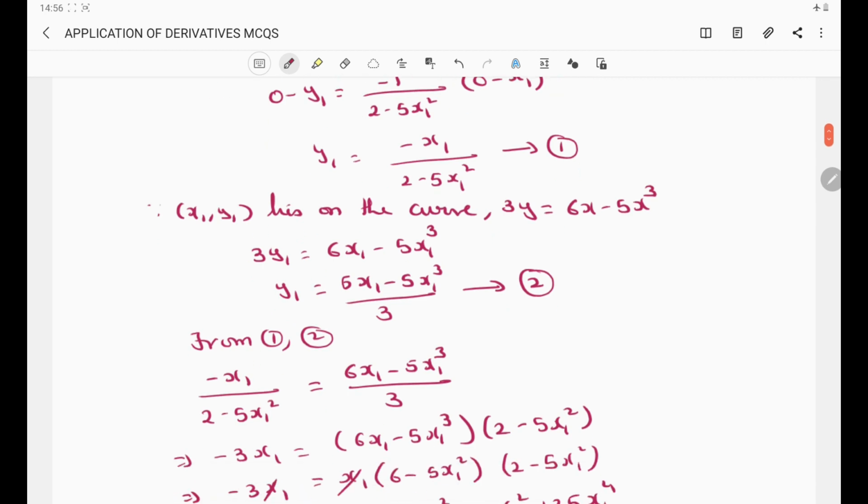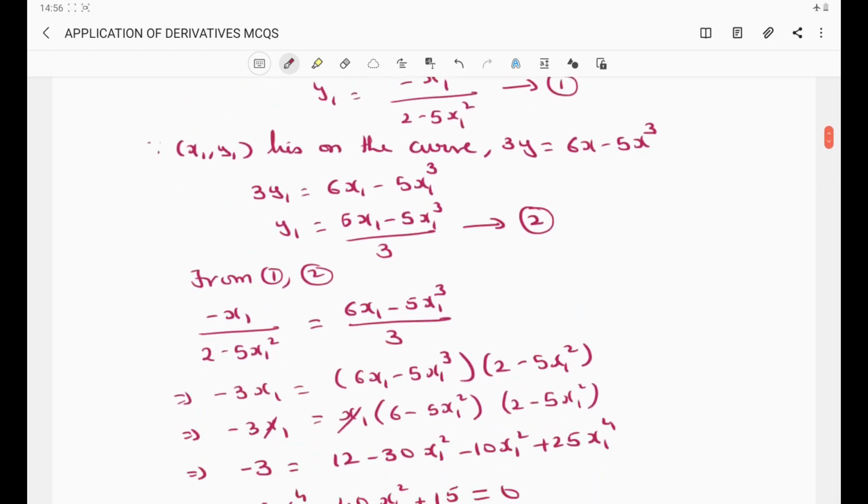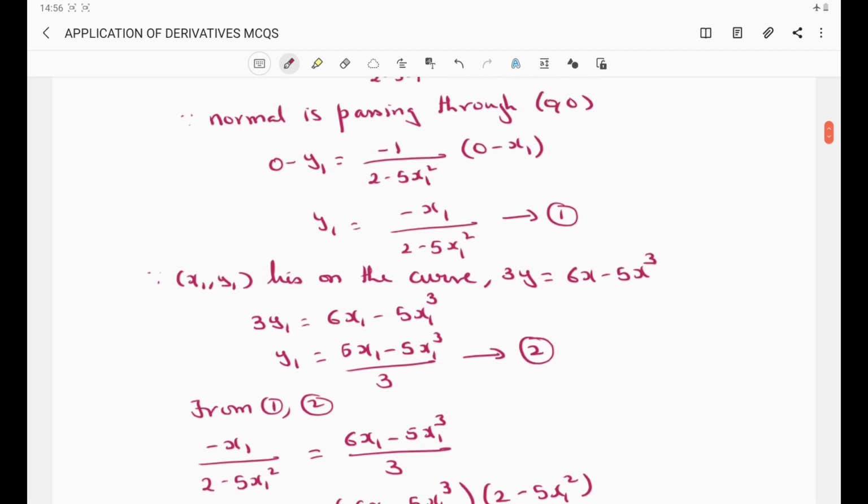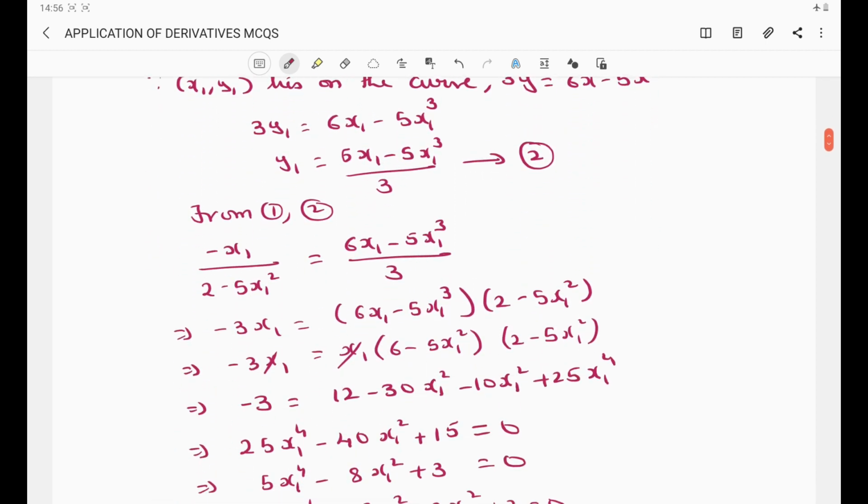So in this problem, sometimes you can check whether your answer is right or wrong in multiple choice questions, because they don't ask you to solve the whole problem. In competitive exams or any objective type questions, you can directly check by substituting the value. So you check which value of x satisfies this equation.